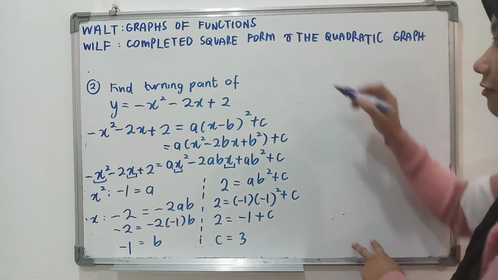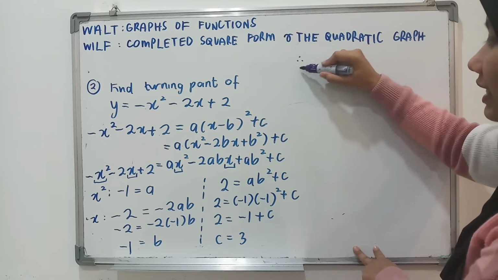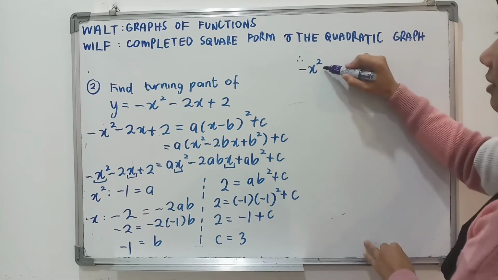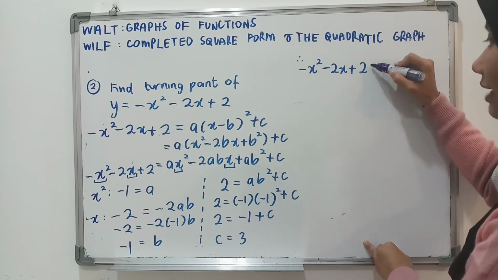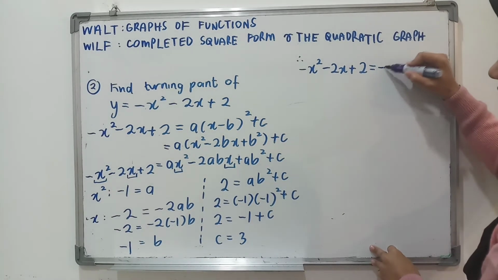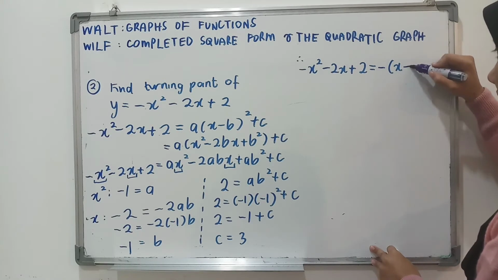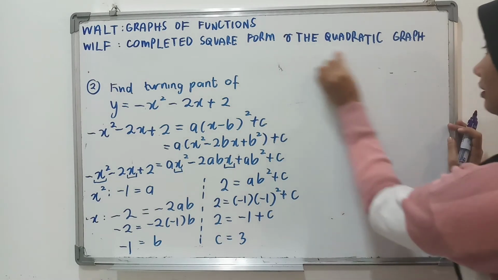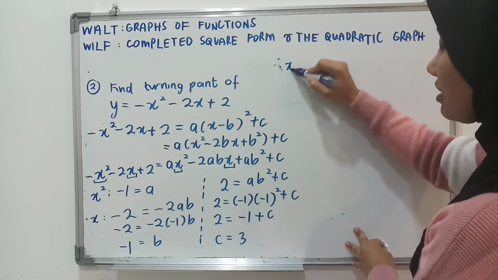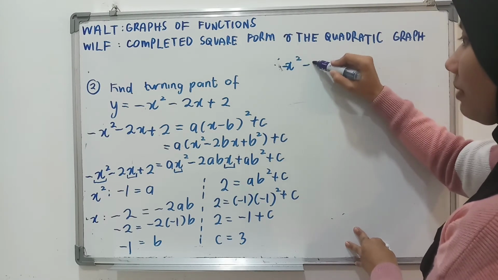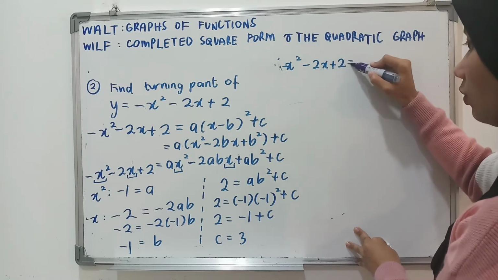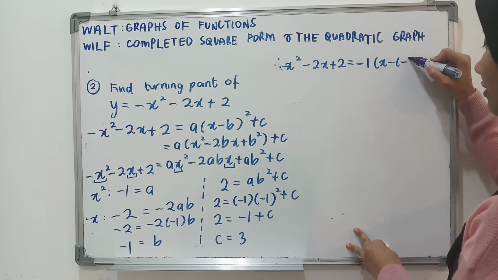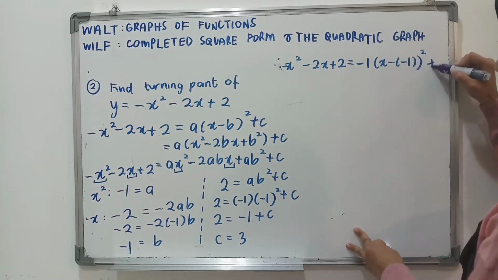Okay, so therefore your negative x square minus 2x plus 2 can be written in this form. Negative x minus negative 1. Therefore, negative x squared minus 2x plus 2 equals negative 1 times x minus negative 1 square plus 3.